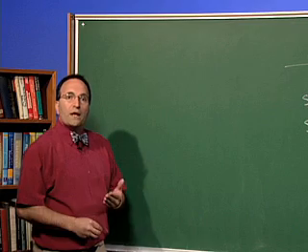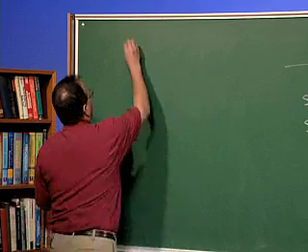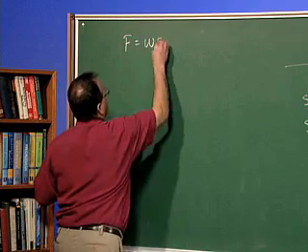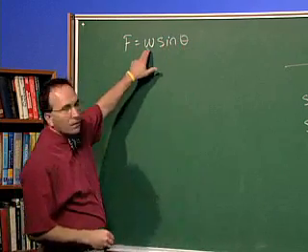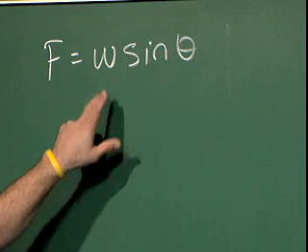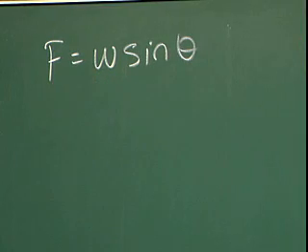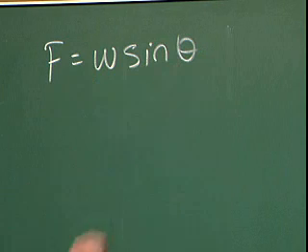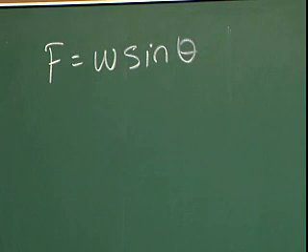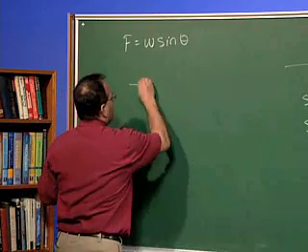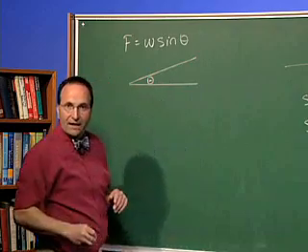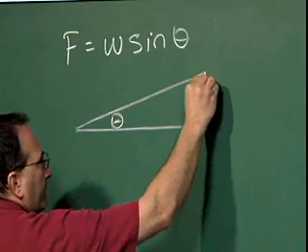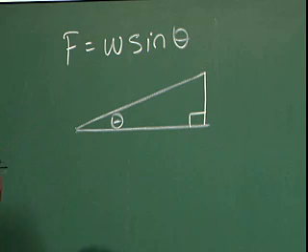All right, so in the equation F equals W sine theta, what we know is W is the weight and F is the resistance. Theta is the angle of the incline. So, for example, here's my theta. This is the incline. I form that right angle.